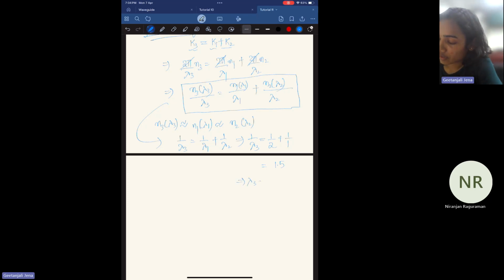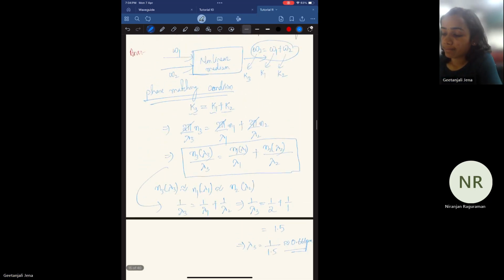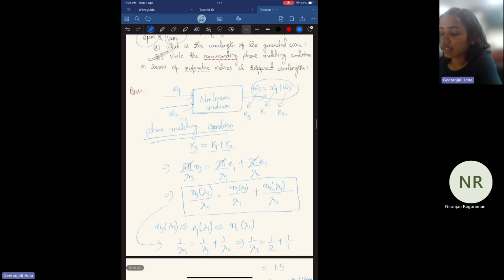So lambda 3 will be 1 by 1.5, which comes to around 0.666 micrometer. This is the phase matching condition for the sum frequency generation. Is this clear to you?